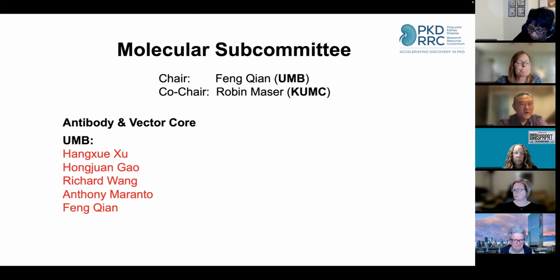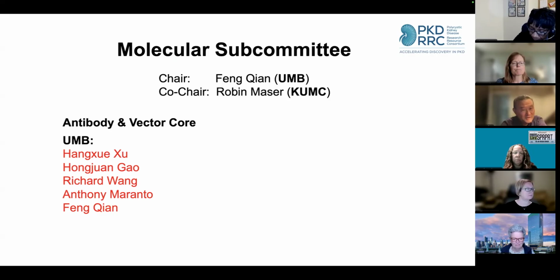And it turns out that in the whole U54, I am the only core doing this kind of job. Unlike other cores, like the mouse core or cell core, all three universities had a similar core. They merged and became a combined subcommittee, but not so for me. I was the only person doing this kind of job.